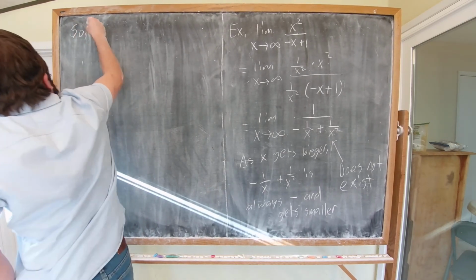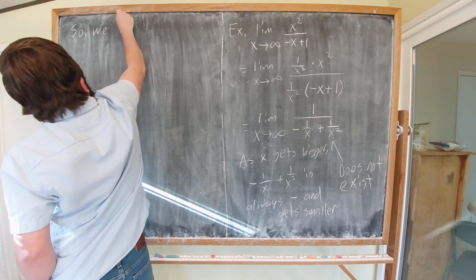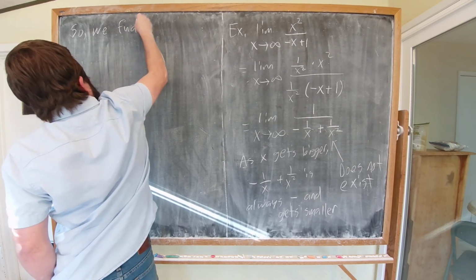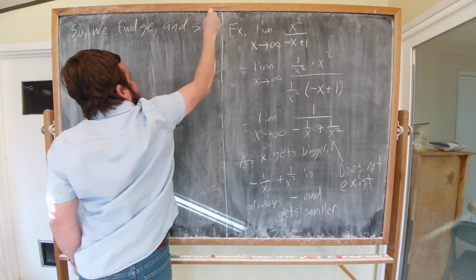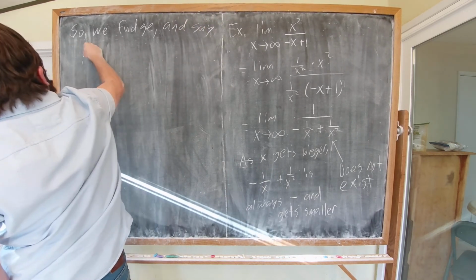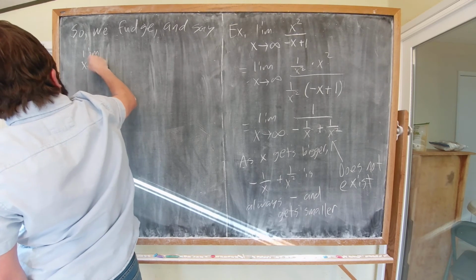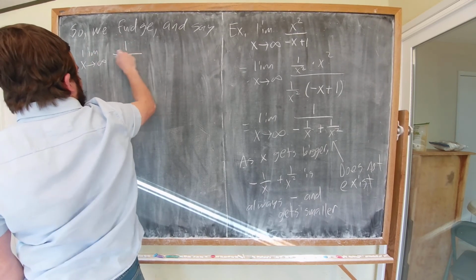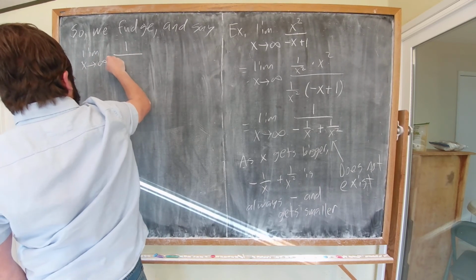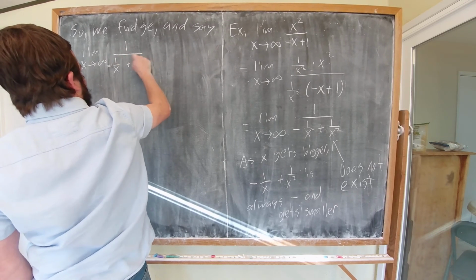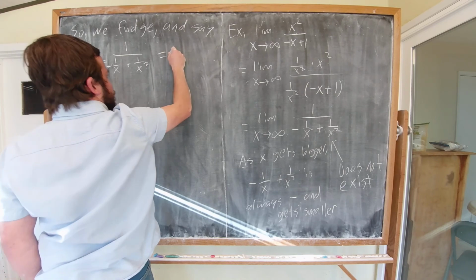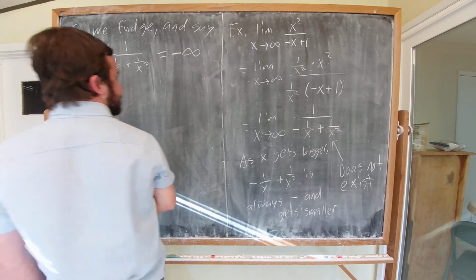So, we fudge and say that the limit as x goes to infinity of 1 over negative 1 over x plus 1 over x squared is equal to negative infinity.